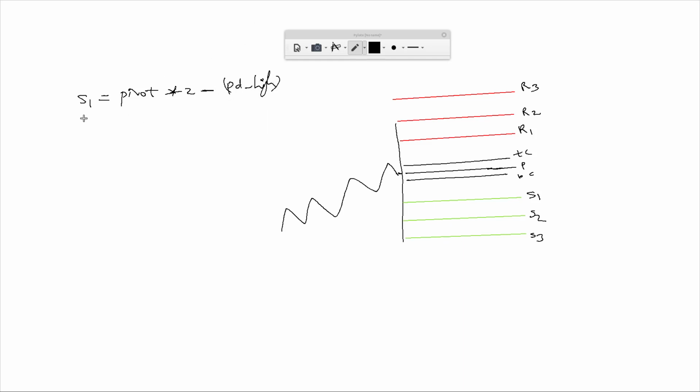So what it means is, we can multiply the pivot by 2, and if the high is here, then we can subtract it, so that will be S1. For R1, it's the same, we just do it for previous day low.